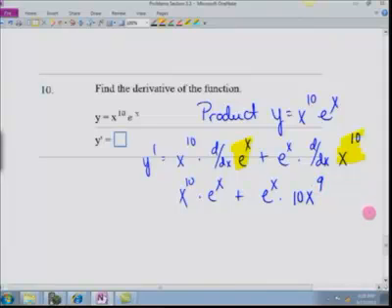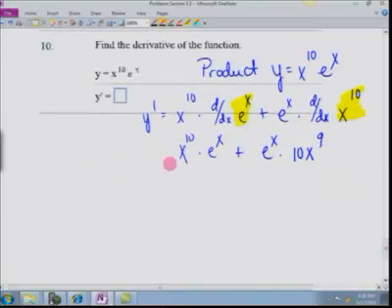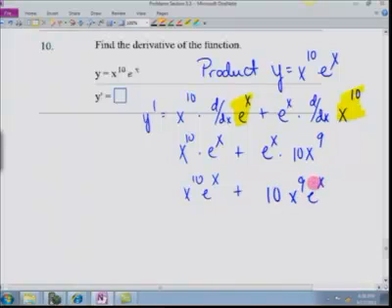Okay. And you could maybe leave it x to the 10th, e to the x without the multiplying, plus e to the x, 10, well, usually you write it with a number in front. 10x to the 9th, e to the x. Sometimes you're going to see what's common here.